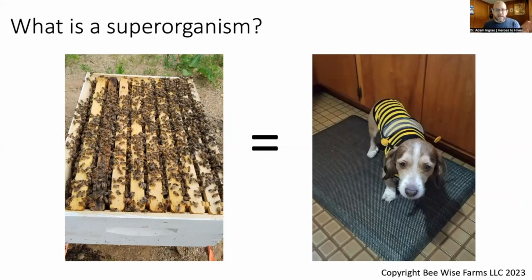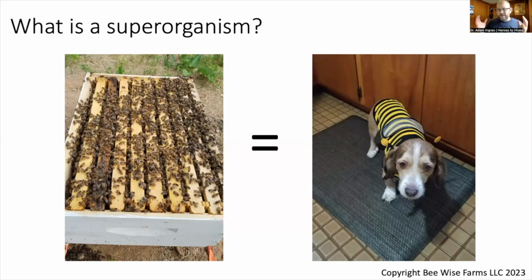Each one of your colonies, like you see pictured on the left here, is essentially the same as this 20 to 30 pound dog that you see on the right. This is one of our dogs, Doobie, dressed up as a bee for your viewing pleasure. But essentially, Doobie is equivalent in weight to that colony. Now, that may seem a little strange, saying, okay, consider this a 25 pound animal, but they're functioning as a single unit.